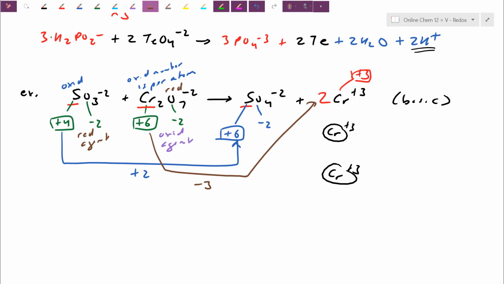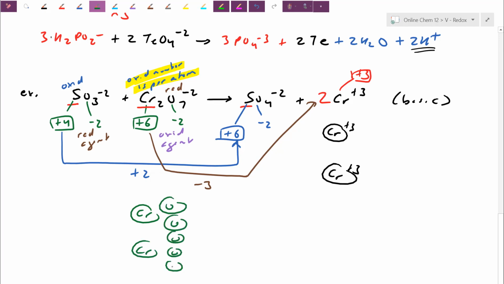Here's the problem that people make. Because oxidation number is per atom, I already happen to have 2 chromium major atoms. So let me just draw this out for you. My dichromate, I don't know exactly what it looks like. It's 2 chromiums, and I have 7 of these oxygens somehow bonded. Because oxidation number is per atom, each of these chromiums is +6.